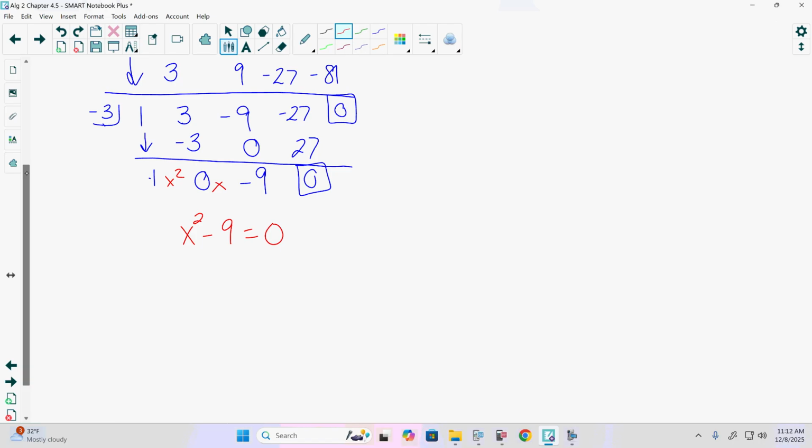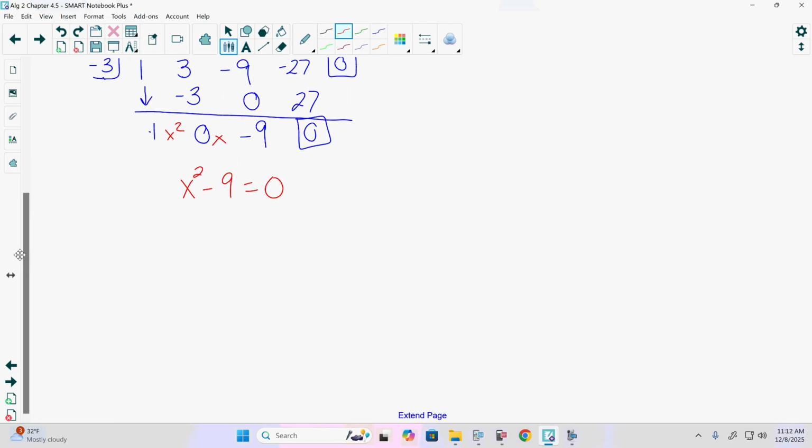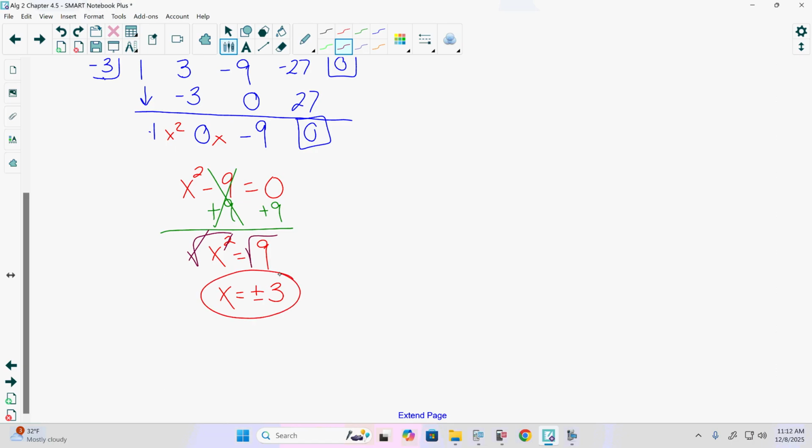In the square root method we got the x squared term by itself and then took the square root of both sides. So we get the x squared term by itself by adding 9 to both sides. Then taking the square root of both sides, the square root of x squared is x and the square root of 9 is 3. Whenever we take the square root of both sides, we have to put the plus or minus. So we're able to solve it using this.